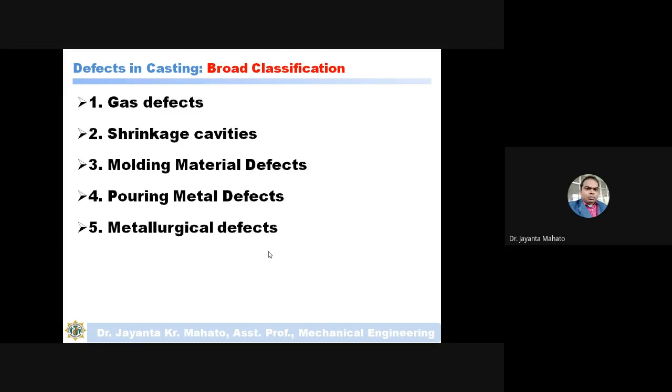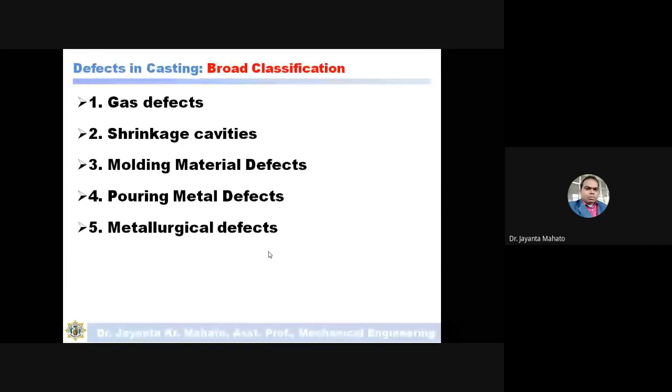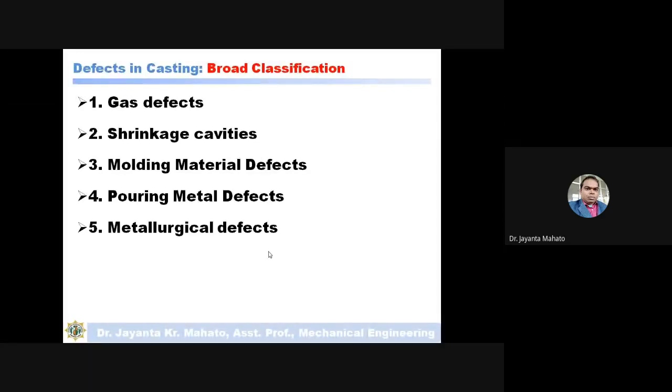So all are actually these defects. Means due to the gas, the casting defects are found. These are called the gas defects, and there are different types of gas defects, and different types of shrinkage defects, different types of casting defects due to the molding material, due to the pouring of metal, and different types of metallurgical defects also.